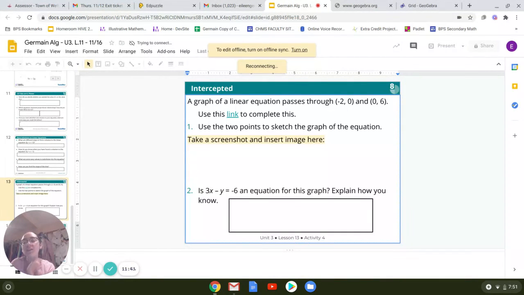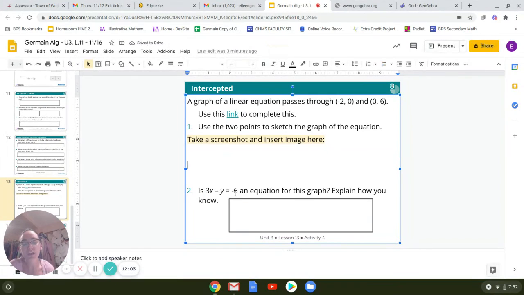At this point it's not letting me paste my picture because I'm not attached to the internet for some reason again. Then you're going to look at this last one here. 2x minus y equals -6 is an equation for this graph. Explain how you know that. Just given this equation, you need to tell me how you know that it matches this line.